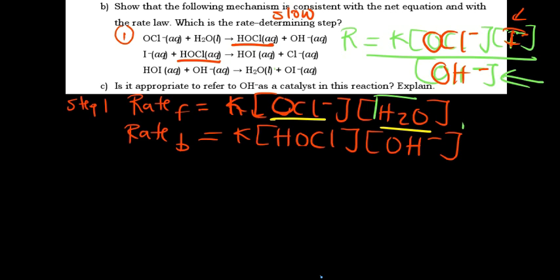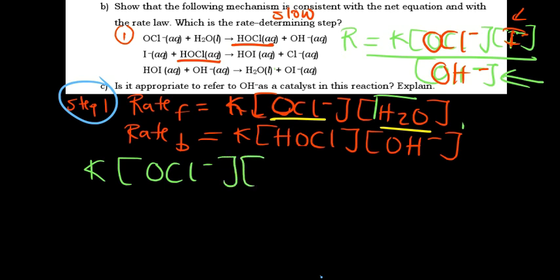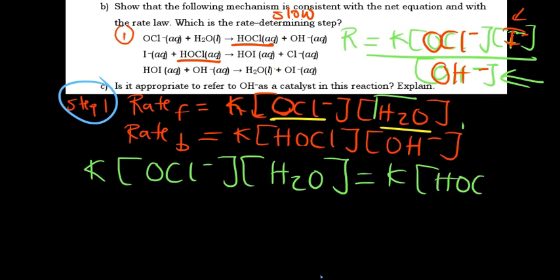We can first of all focus on step 1. If we look at step 1, we can combine the backward and the forward by equating them together. So if we equate them, k for the forward, that's for the forward. The backward is k, HOCl, hydroxide. Our goal is to make the intermediate the subject.